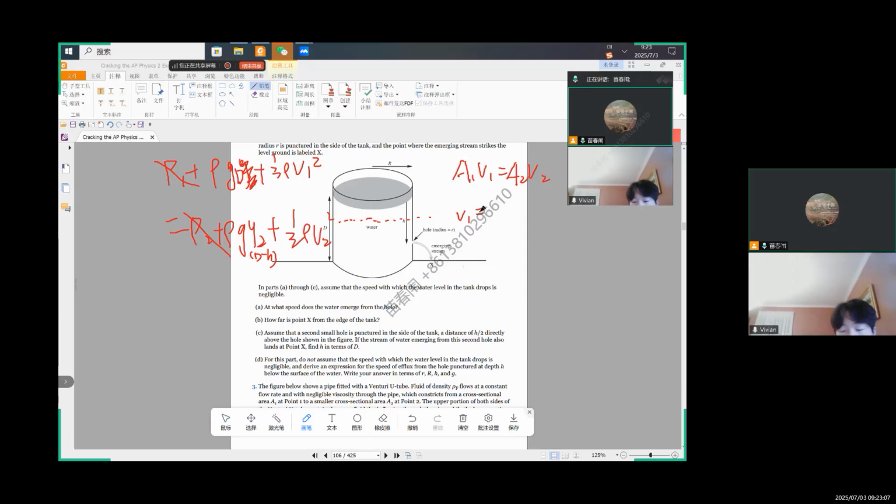They want to use R. Let's use V1. V1 is A2 over A1 times V2, right?